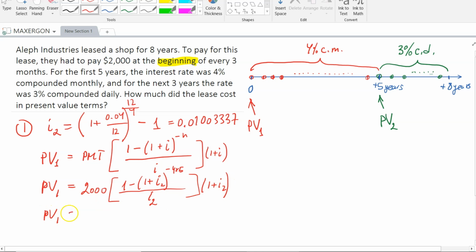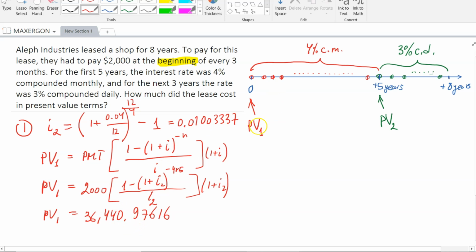Present value 1 is equal to 36,440.97616. I'm not rounding yet because that's not the answer. We'll still have to do more computation for the final answer.